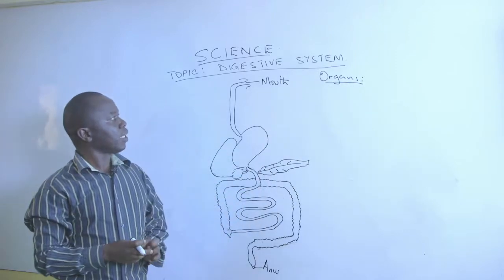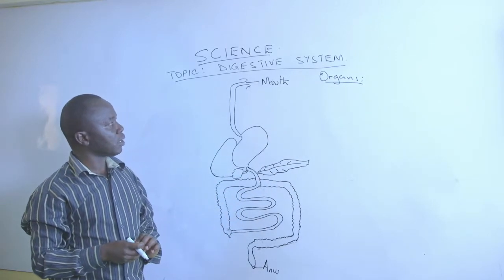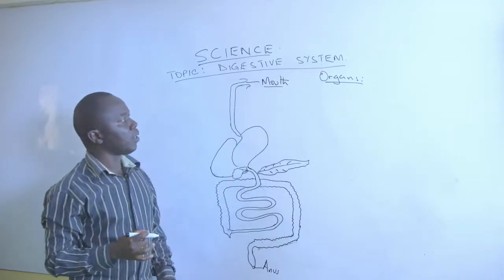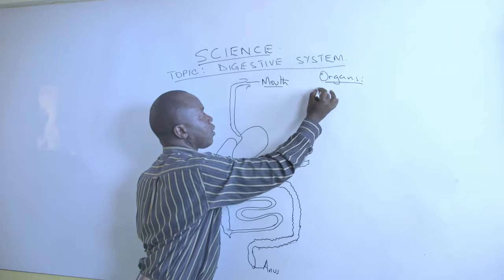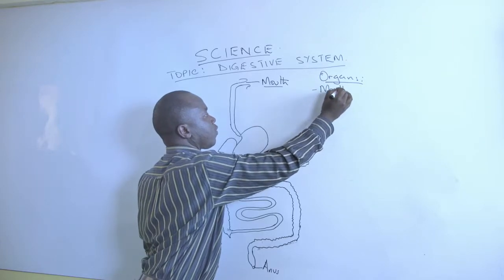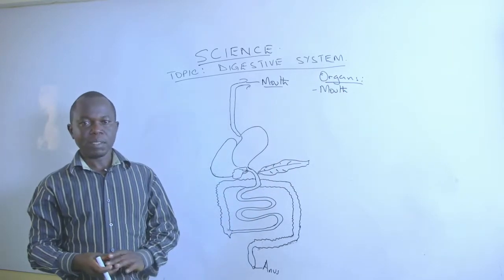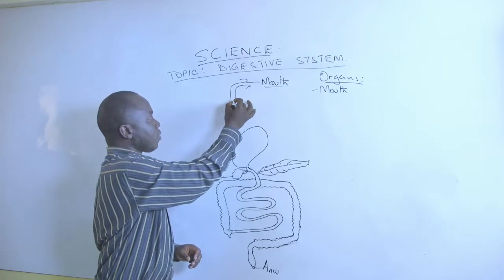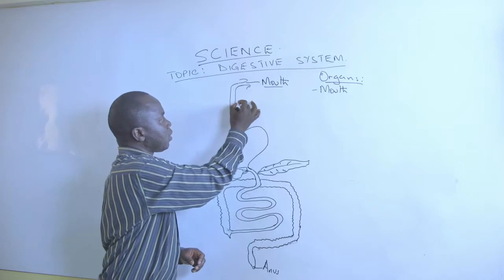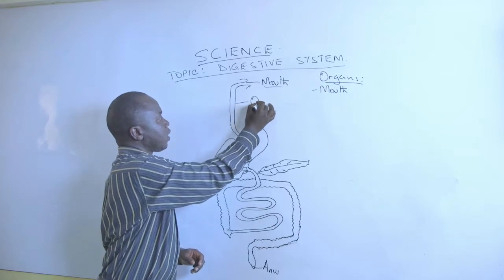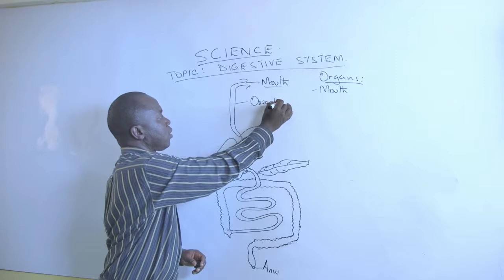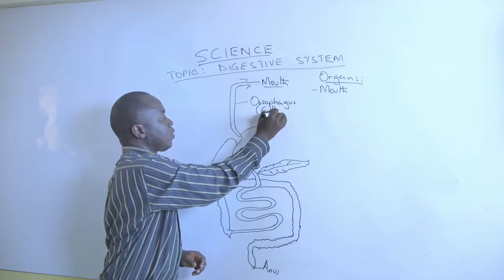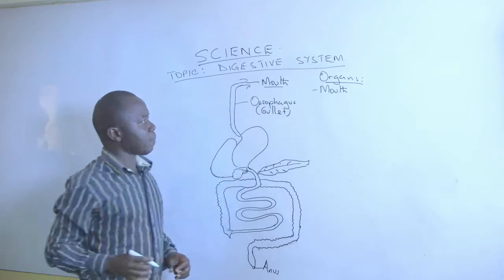From the diagram, we can identify some of the organs. I've already identified one part there, the mouth. So one part of the digestive system is the mouth. Down the mouth, we have another part called the esophagus. Another common name is the gullet.